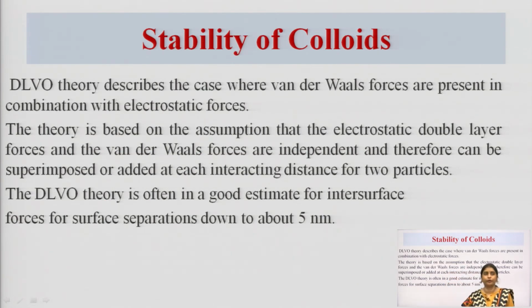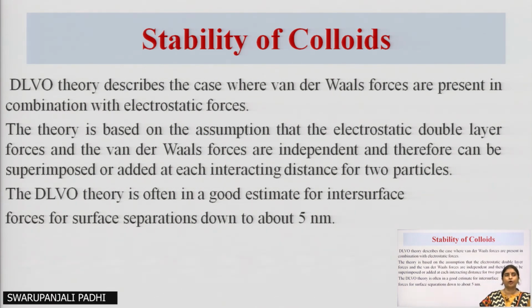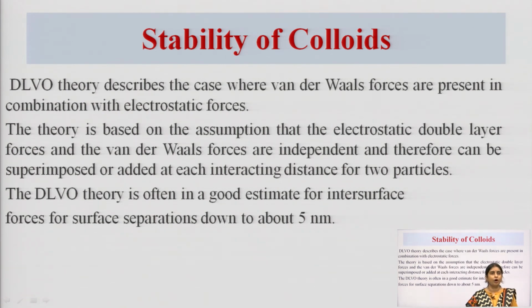This DLVO theory basically describes the case where van der Waals forces are present in combination with electrostatic force. The theory is based on an assumption that the electrostatic double layer force and the van der Waals force do not interact with each other; they are independent and therefore can be superimposed or added together with distance for two particles.